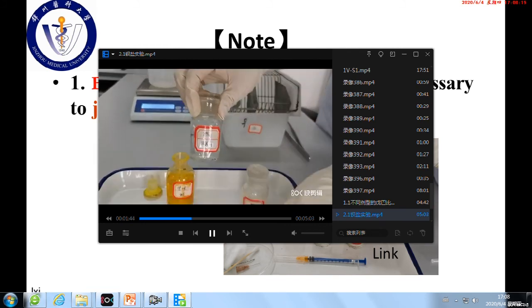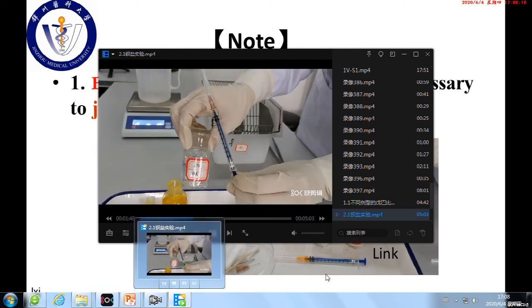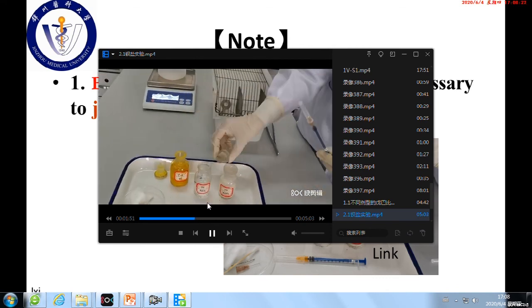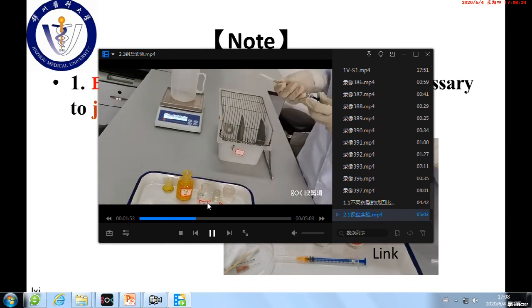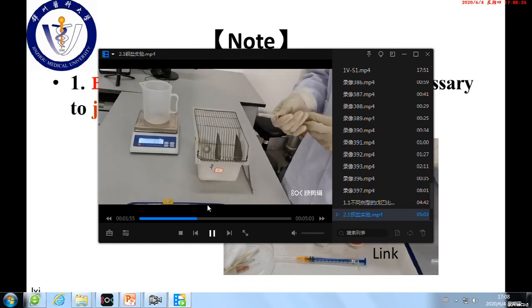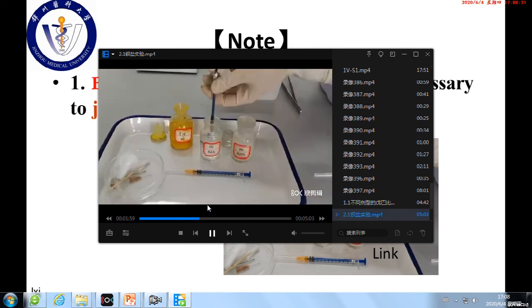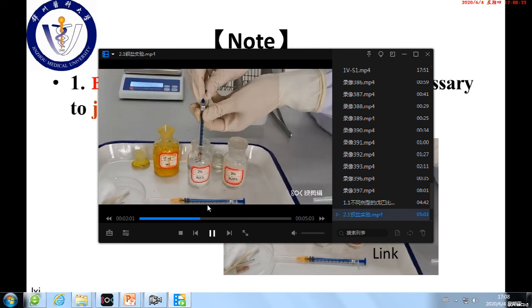Prepare the drugs with the injector. This is barium chloride. For aseptic operation, don't take off the injector's needles.